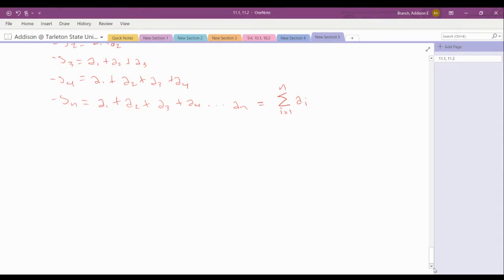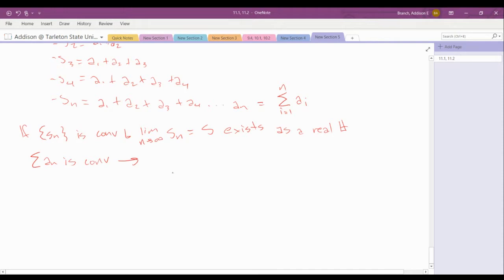If our partial sum sequence is convergent, and the limit as n approaches infinity of our partial sum sequence is equal to our actual sum, and that exists as a real number, then the summation of a sub n is convergent to our total sum.